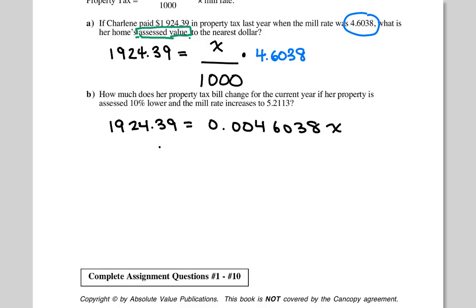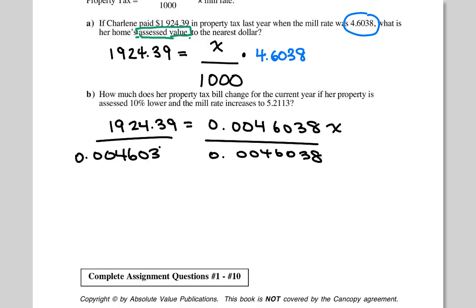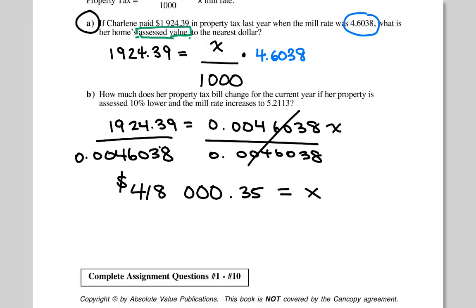Now in order to solve for x, I'll have to divide out that coefficient on both sides. Whatever you do to one side, you do to the other. You're dividing by a really small number, so the answer for x is quite large, 418,000.35 after some rounding. This is the price for the home, the assessed value. So that's the answer to part A.